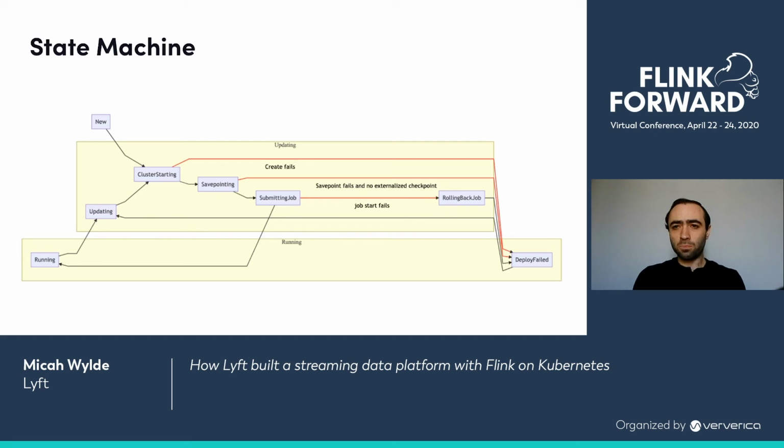If any of these things happen, the operator knows how to roll back so that we get back to a good place. The goal is that whatever the user does, no matter how badly they've screwed up, or whatever the state of our environment is, once an update completes we should always be back in some kind of good state. Hopefully that means your new code is running, but if that's not possible, we'll make sure the old code is running and the job is still up and processing data.